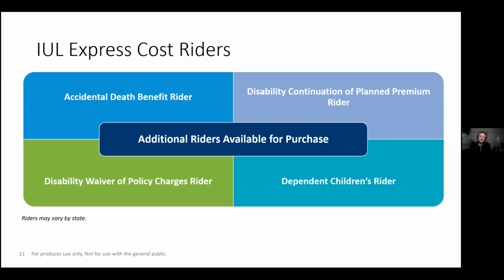So EasySolve is just a set of options within the IULE. It sets it so that the policy goes out to age 120 at average return rates of the S&P 500. It has that 100% participation account, and it does not include any of the paid-for riders. So it's just a list of options that are automatically set on an EasySolve, versus without EasySolve, you will have an opportunity to change any of those options.